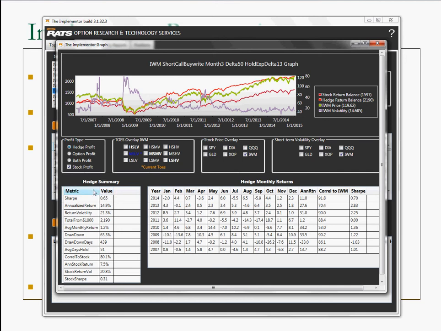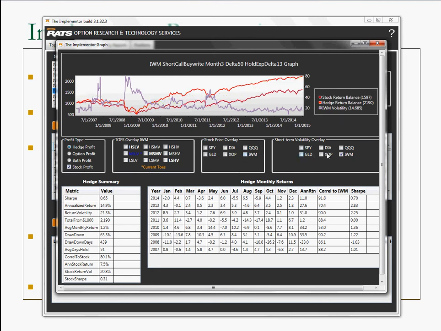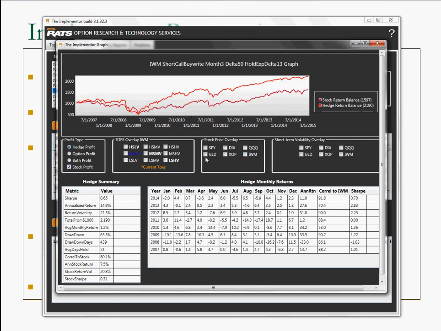And then the statistics: Sharpe ratio, annualized return, return volatility, how much you got from an initial $1,000 investment, your average monthly return, and drawdown. Let's just talk about that real quick. Let's take off the overlay of the graph for the stock price and short-term volatility, and then we'll just look alone at the profit from hedge.